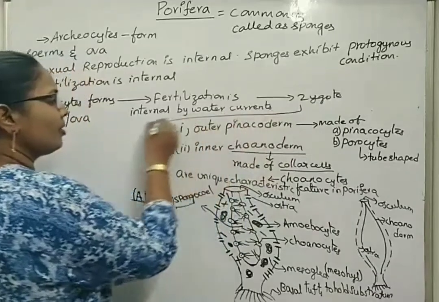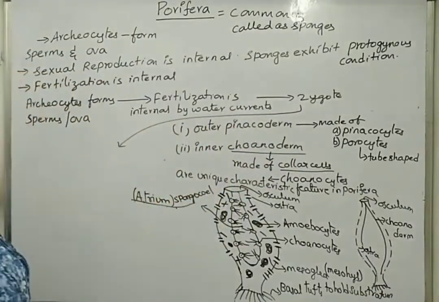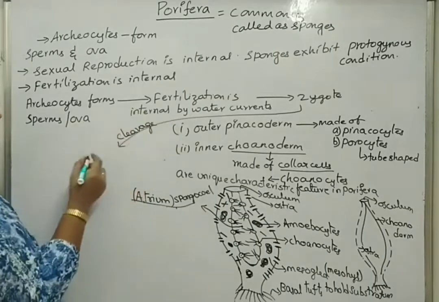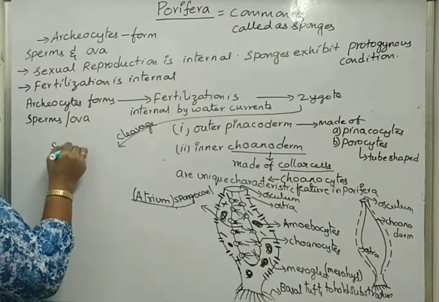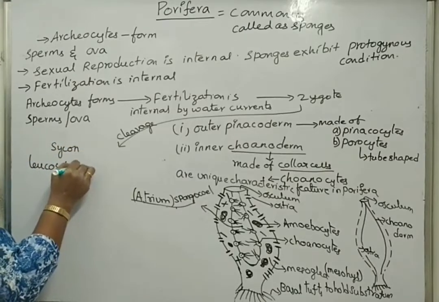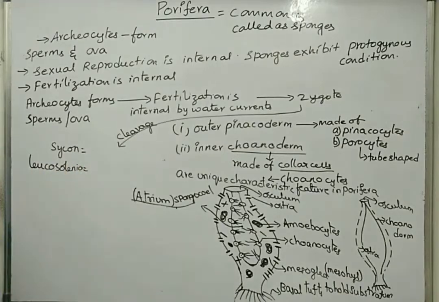After formation of zygote, cleavage happens. In case of Sycon and Leucosolenia, there are larval forms.